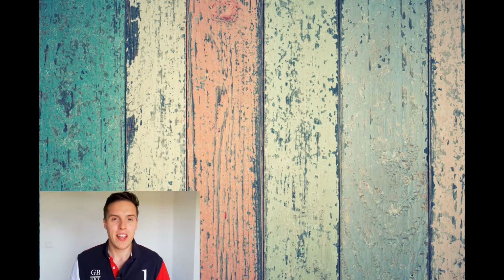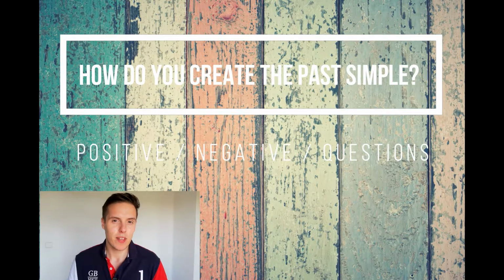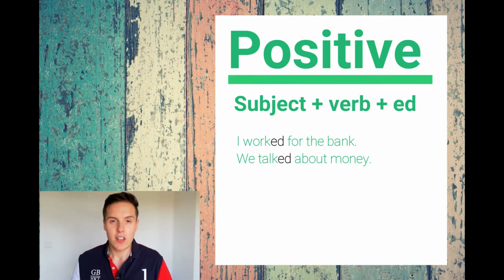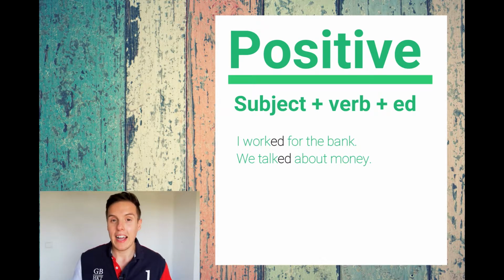So as promised, let's begin by talking about the grammar. So how do you create the past simple? So the first point, we'll look at the positive form. So we create the past simple with subject, so I, you, we, they, plus verb, plus ed.